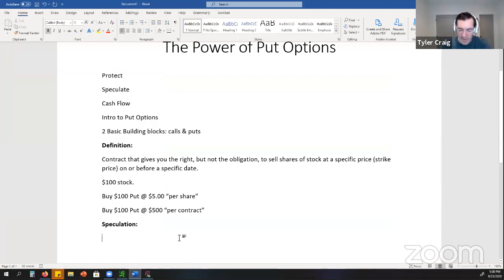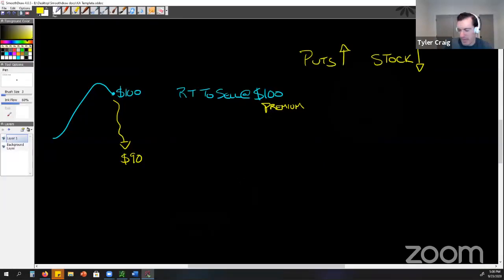So if you want to speculate that prices are going to fall further, if you want to enter a bear trade, you could buy a put option. Step one, when I'm using puts to speculate, is I've got to find a bearish pattern. For me, the two patterns that I like as a swing trader are a bear retracement and a bear breakout.